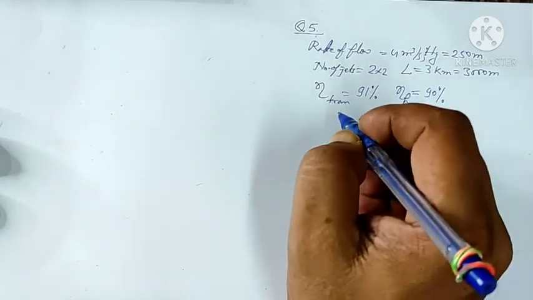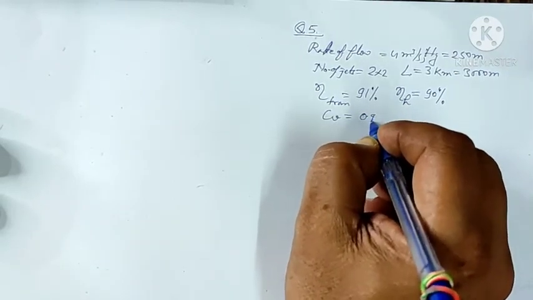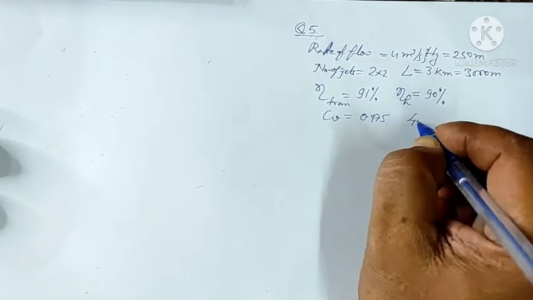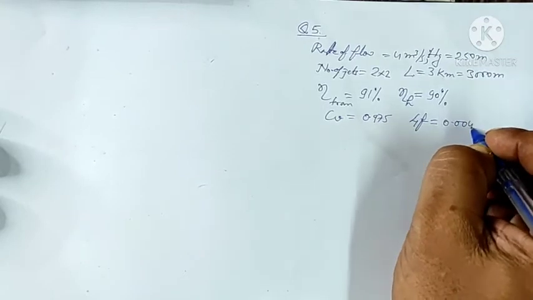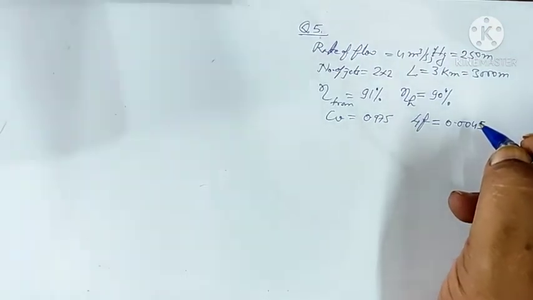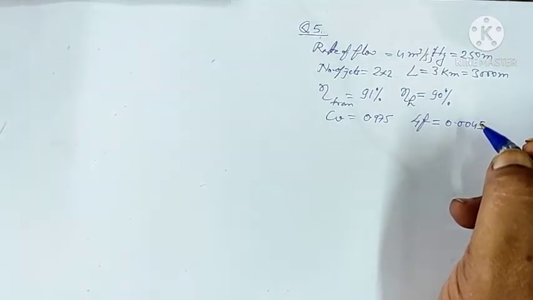The coefficient of velocity CV is given as 0.975 and the coefficient of friction 4F is given as 0.045, and we have to find out the power developed by the turbine, the diameter of the jet, and the diameter of the pipeline.